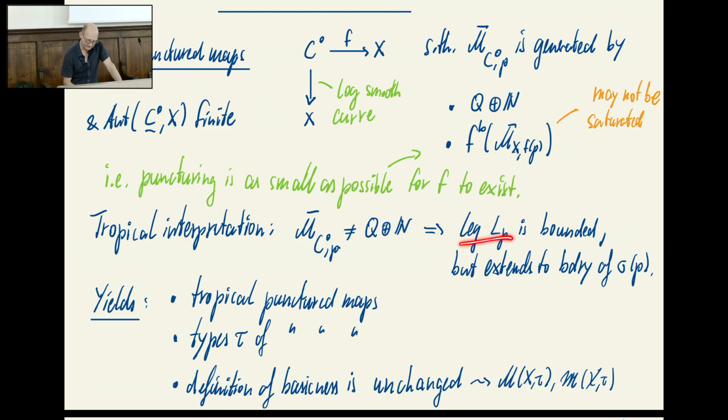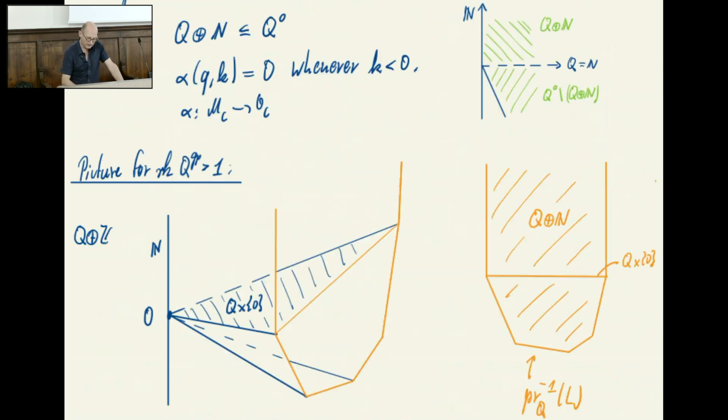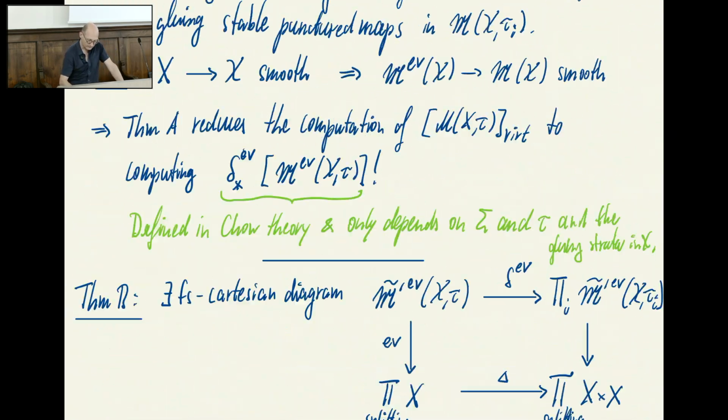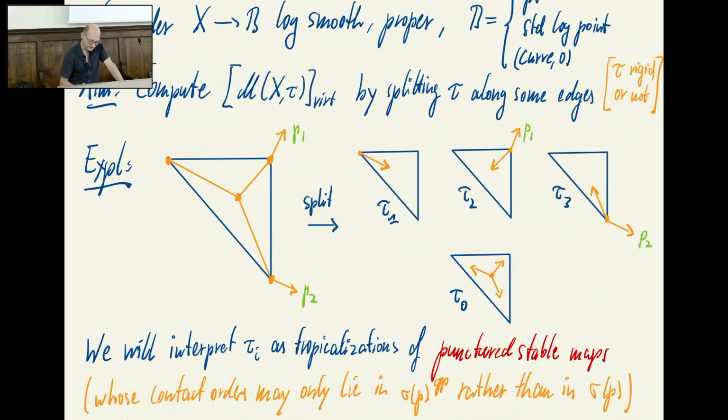This means that the leg is as long as possible. What is the maximal length? It hits the boundary. So in these pictures we had before, this wouldn't be the picture we get. What we really get is a tropical punctured curve that extends all the way to the boundary, like this.